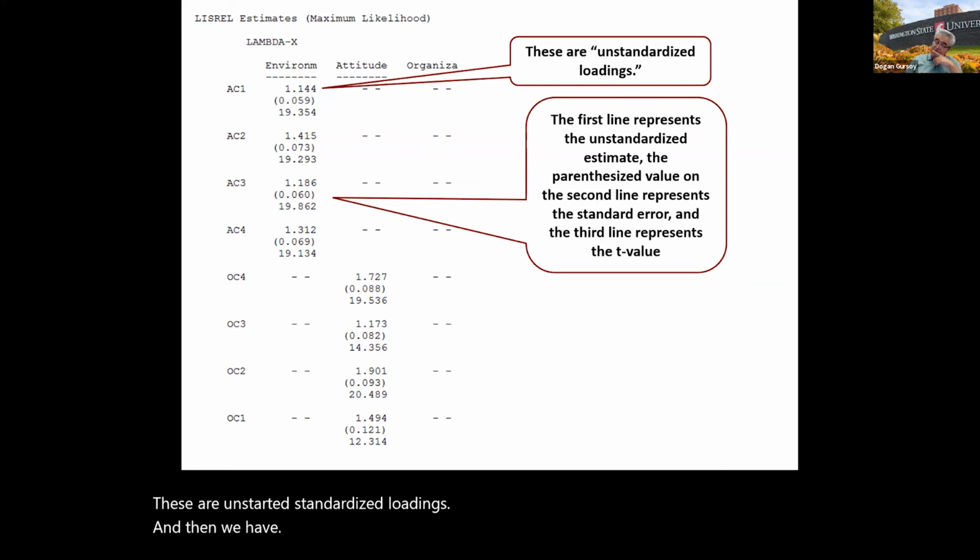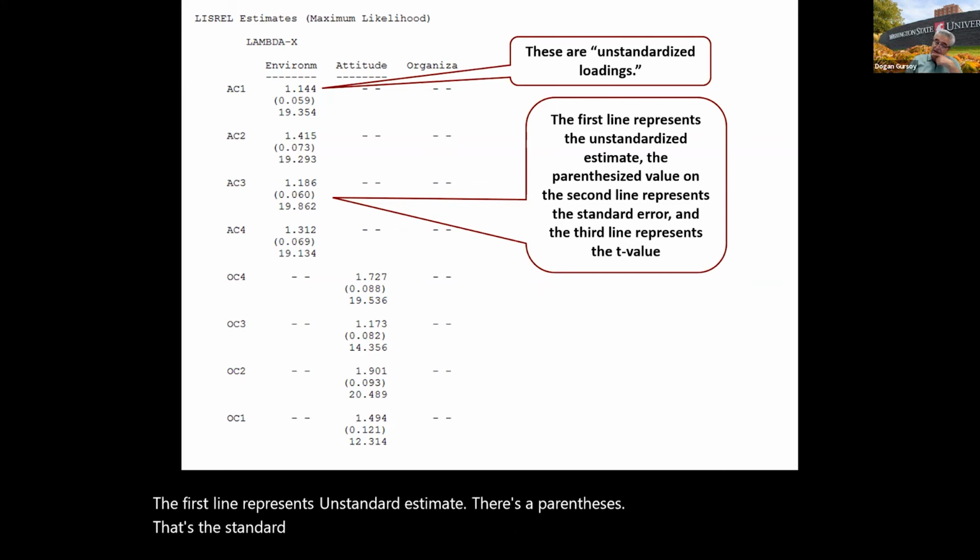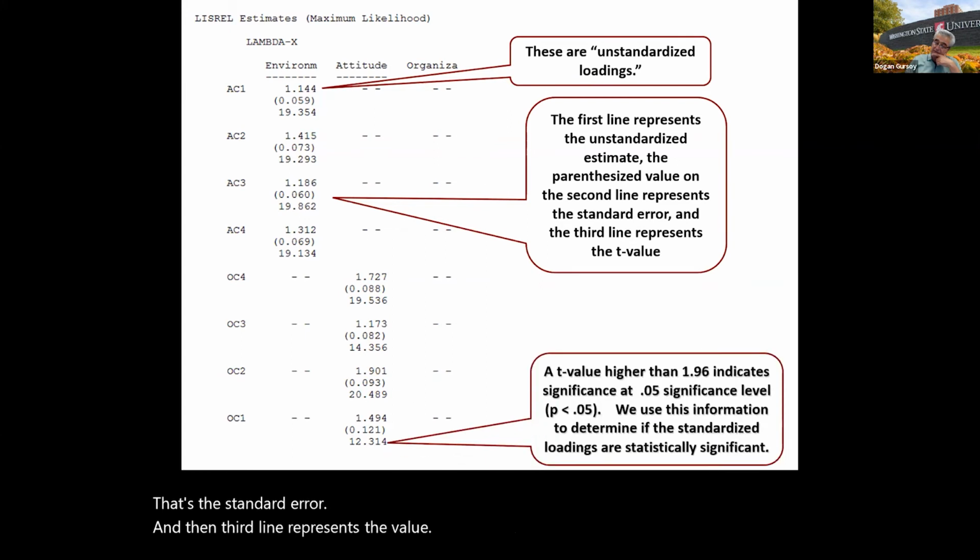The first line represents the unstandardized estimate. The parentheses hold the standard error. And the third line represents the t-value. A t-value over 1.96 usually means it's significant at the 0.05 level. Most often that's the level that we use.